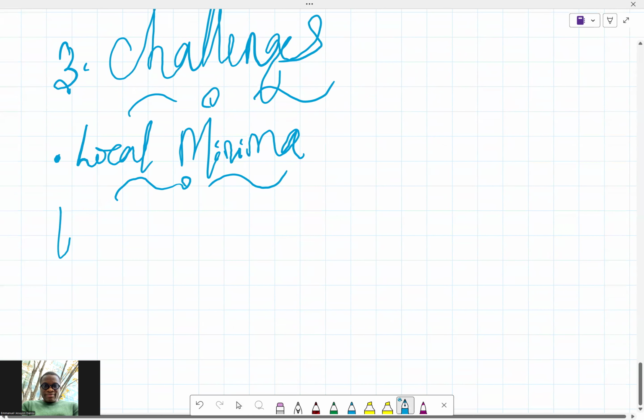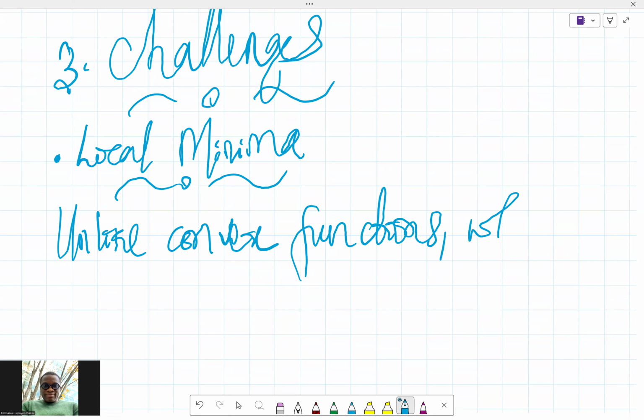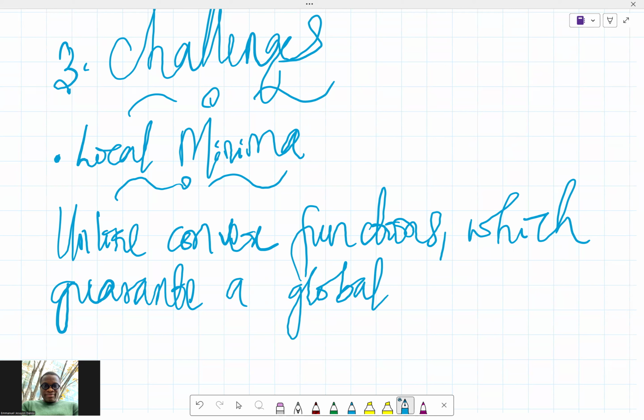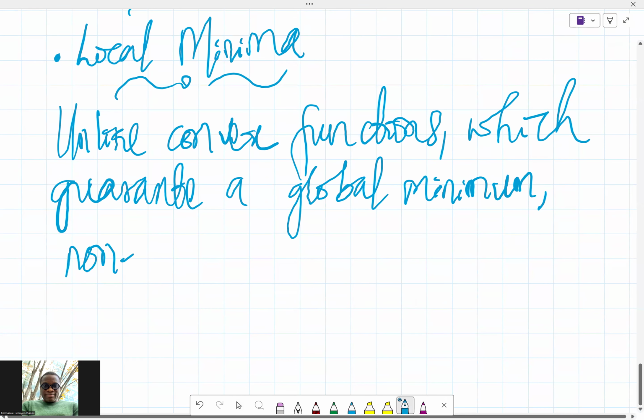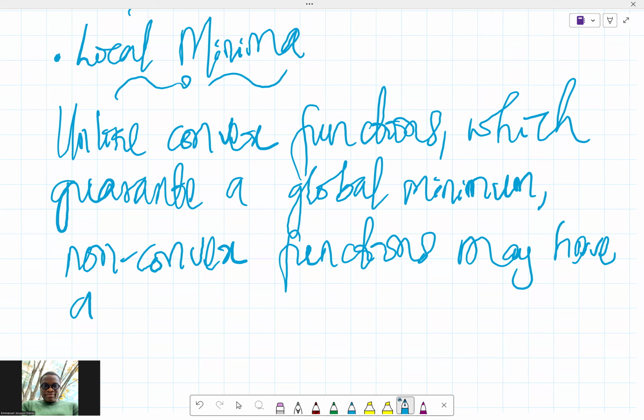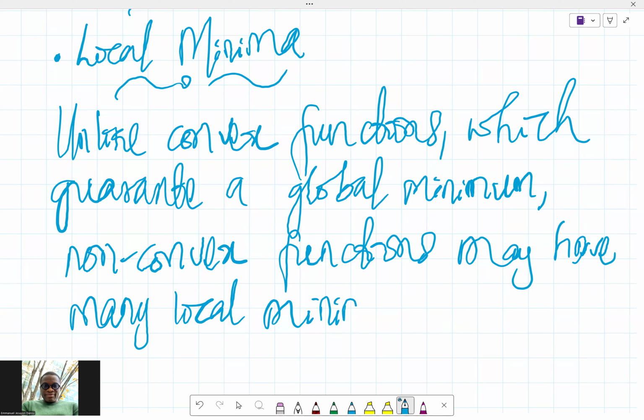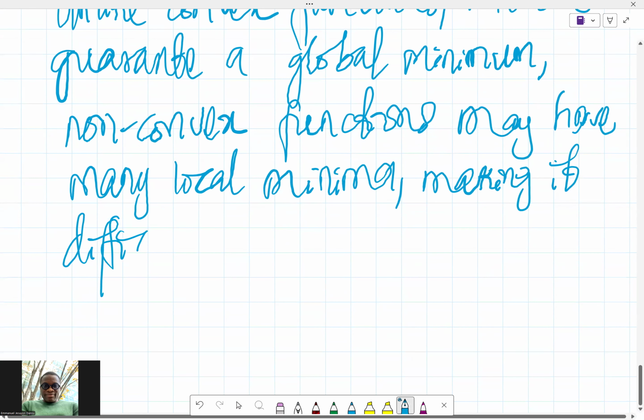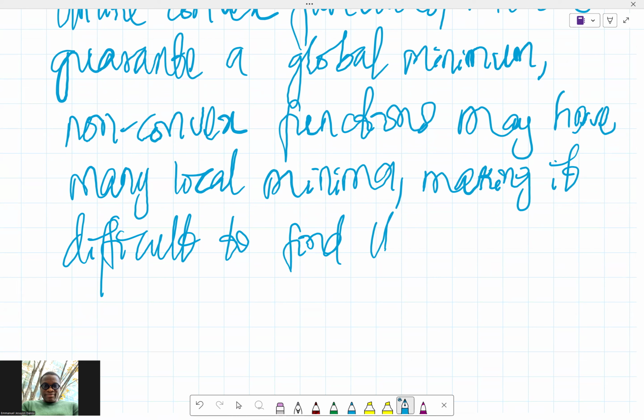Unlike convex functions, which guarantee a global minimum, non-convex functions may have many local minima, making it difficult to find the global minimum.